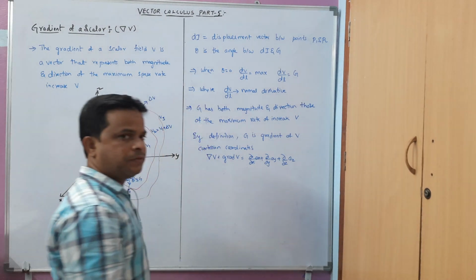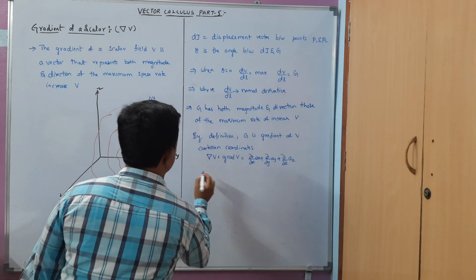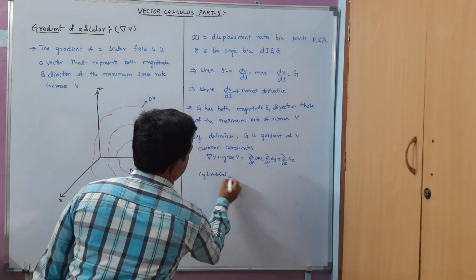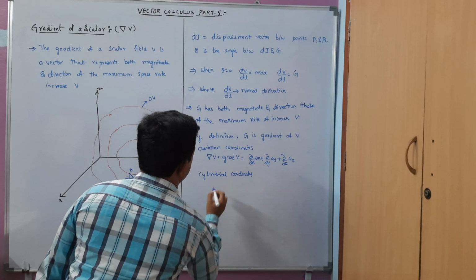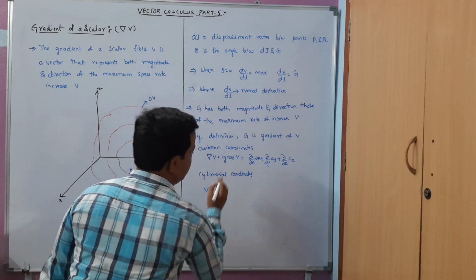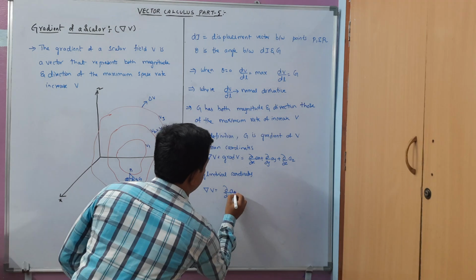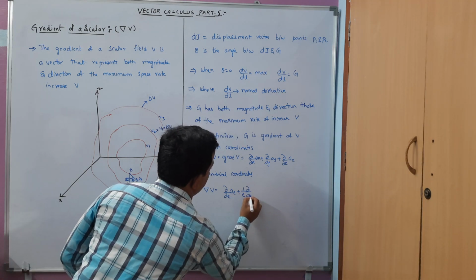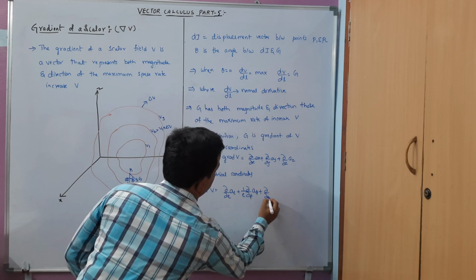Similarly, we have it for cylindrical as well as spherical coordinates. So now in cylindrical coordinates, del V is equal to, with rho phi z, dou by dou rho of A rho plus 1 by rho dou by dou phi of A phi plus dou by dou z of Az.